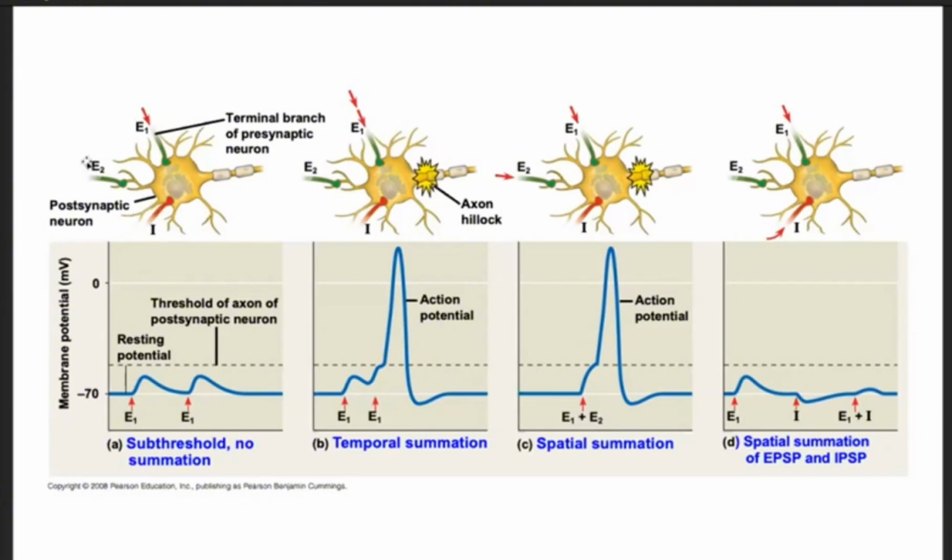So you have many possibilities here, and we have 4 examples of what could potentially happen. One of the things that we're going to be looking at is right here, where you have 2 signals that are coming in, but are coming in at such a distance in time scale that they never really add up to meet that threshold.